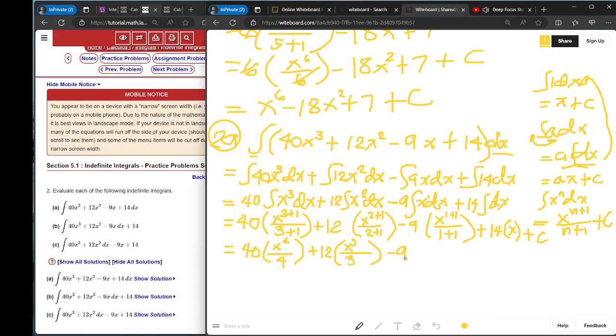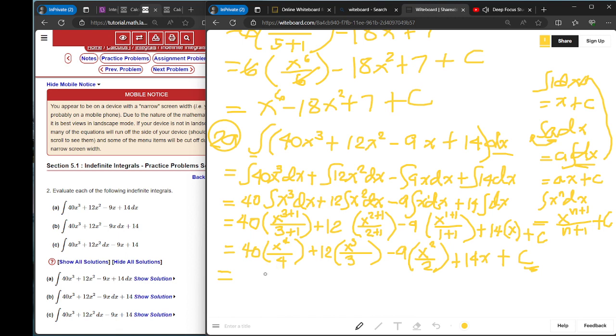Okay, let's go back. Then we'll have 9x squared over 2, plus 14x, then plus c. Again, we just have to add c. So here we have 40 times x to the 4th over 4. Since this is multiplication, we can divide 40 by 4.